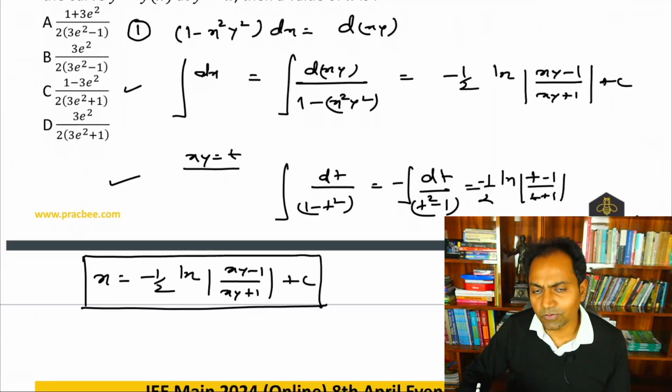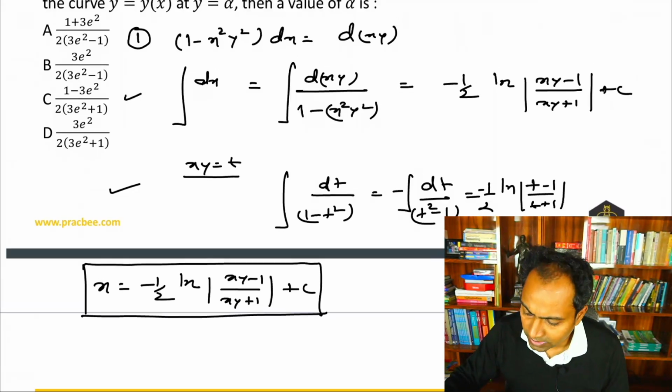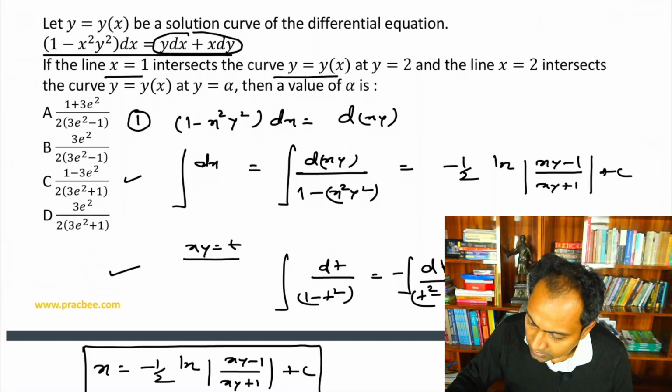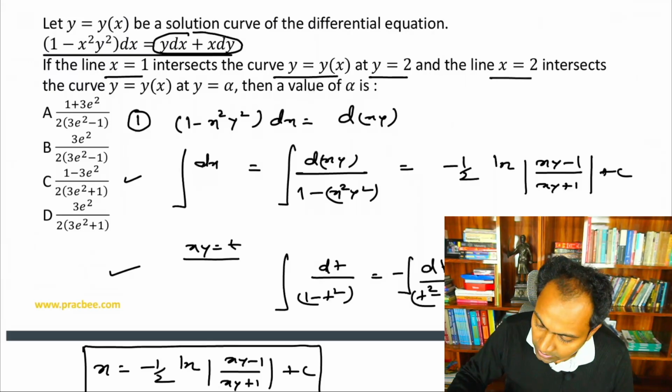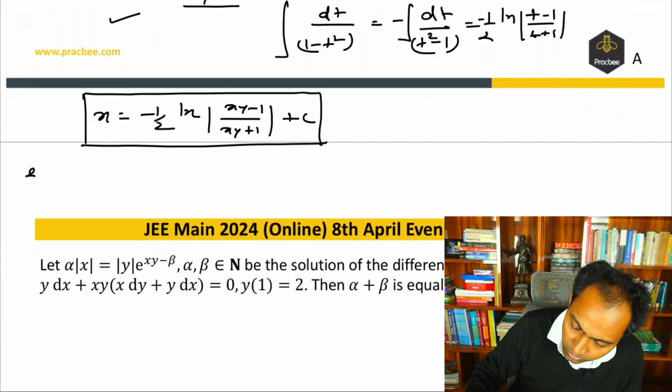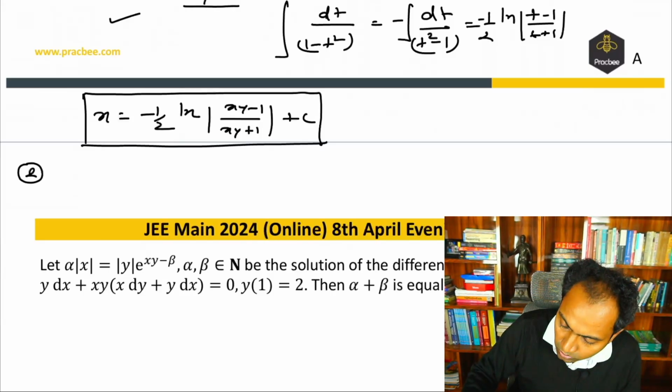Now after this, whatever steps we had done in the earlier question will remain the same. So what they are saying is, if x equal to 1 intersects the curve, this is the curve that was given to us, at y is equal to 2. So the line x equal to 2 intersects the curve at y is equal to alpha, then find the value of alpha. So they have given us a point 1, 2 on the curve. So if I substitute 1, 2 in step 2, x will become 1 and y is 2.